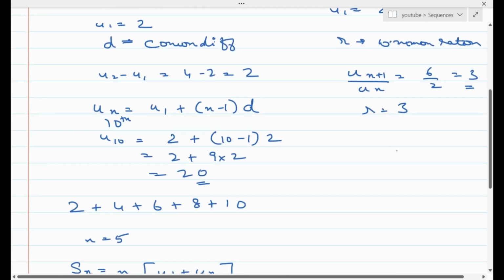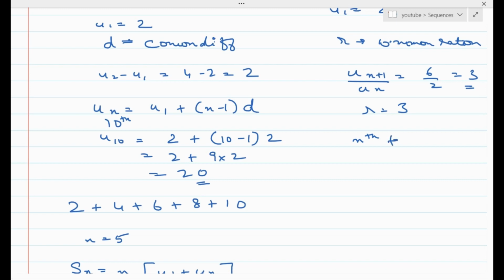Now, what is the formula to figure out the nth term of a geometric series? So, nth term of GP. Now, this is given by un is equal to u1 times r to the power n minus 1. So let's say in the above series I want to find out the value of u4.